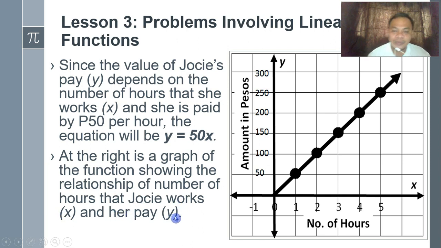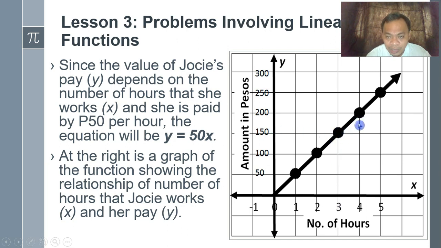So, we have here the graph. Si X is number of hours. At si Y is our amount in pesos, yung kanyang sahod. So, kung magtatrabaho siya ng 1 hour, ito 1 hour, ang kanyang sahod ay 50 pesos. Okay, we have here the point. Then, kung 2 hours, kanyang sahod ay 100 pesos. Diba? Kung 3 hours, ang kanyang sahod ay 150 pesos.